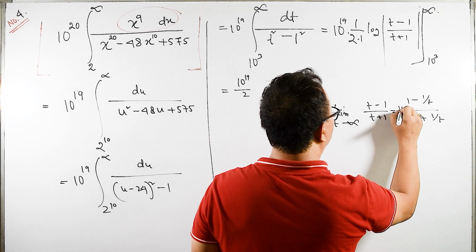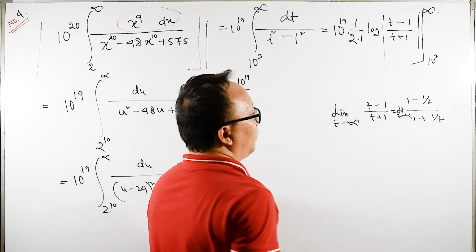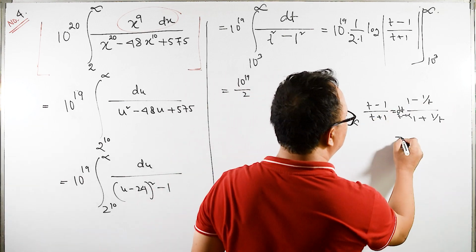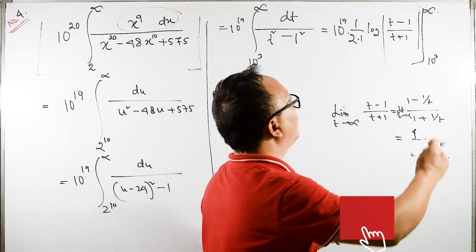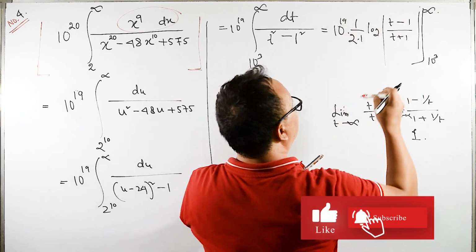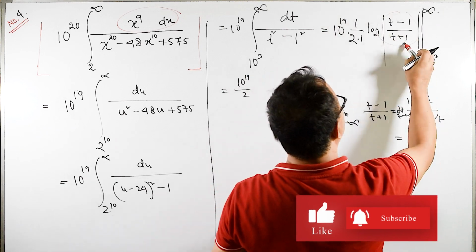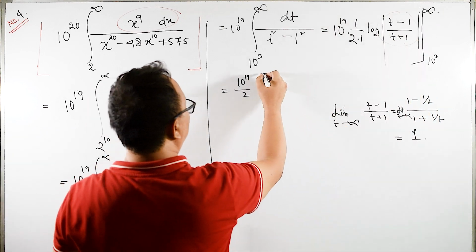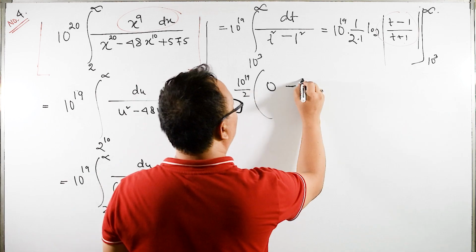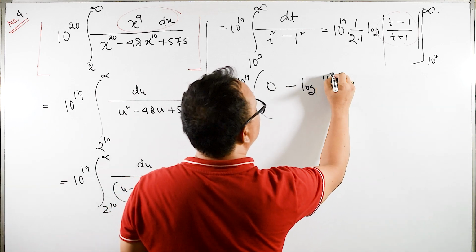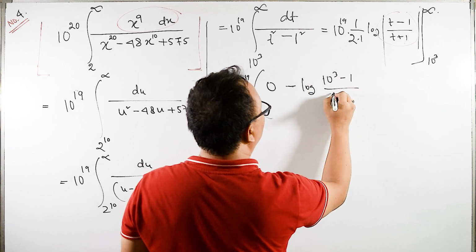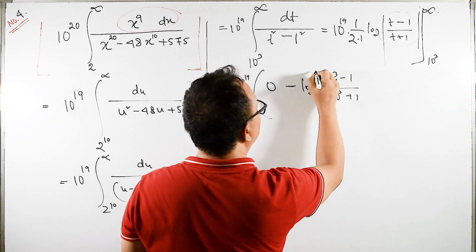When t tends to infinity, this becomes 1 by 1, which is 1. Log 1 is 0. Therefore the upper limit is 0. Then 0 minus log of, where t is 10 raised to 3, (10 raised to 3 minus 1) upon (10 raised to 3 plus 1).